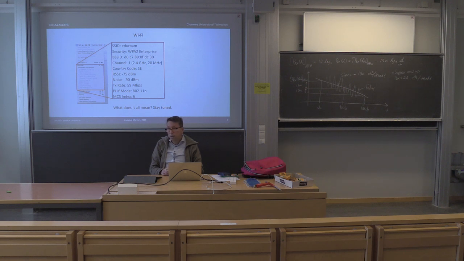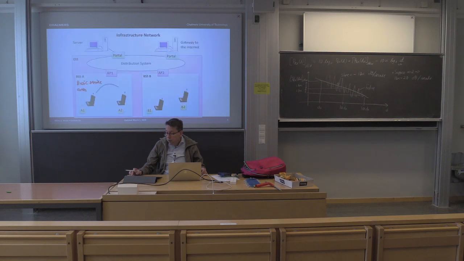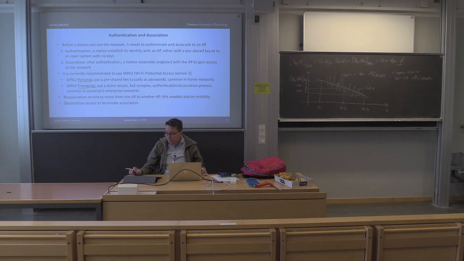So when proving this laptop's identity to the network, this is done by basically connecting to this system with no key and then associating, but actually in the association process, one has to communicate with the authentication server and so forth.